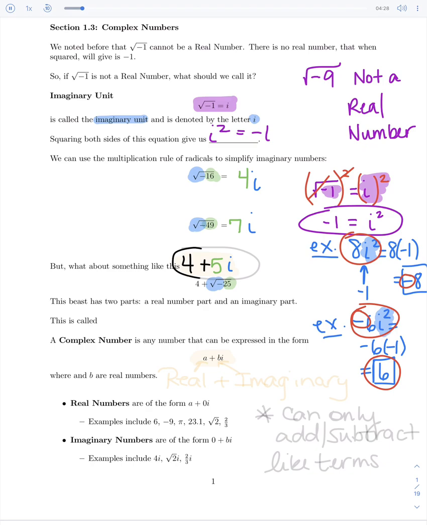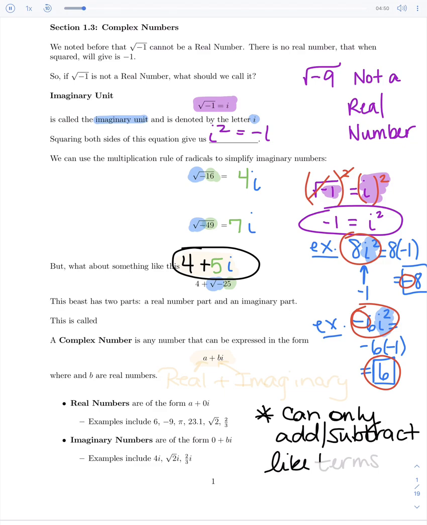And so what we end up with is 4 plus 5i. Those cannot be added because they are not like terms. Just like before, this is a big deal: we can only add or subtract things that are like terms.